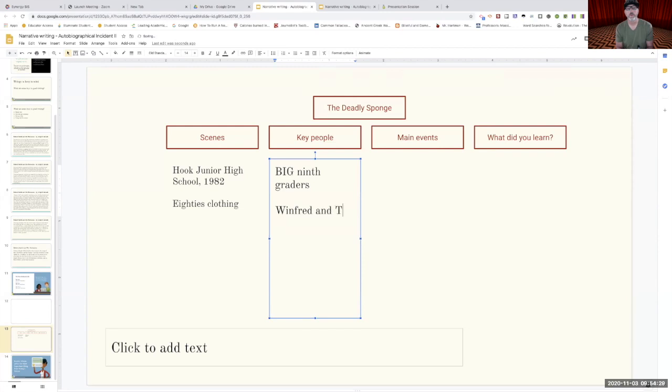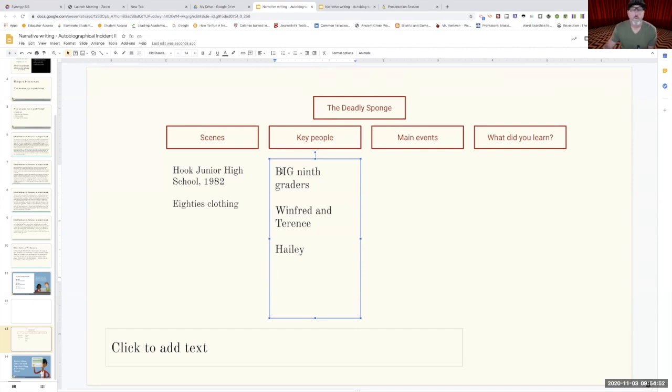Winfred and Terrence. And there was Haley. We won't mention her last name, but she was cute. So big ninth graders, Winfred and Terrence, Haley.